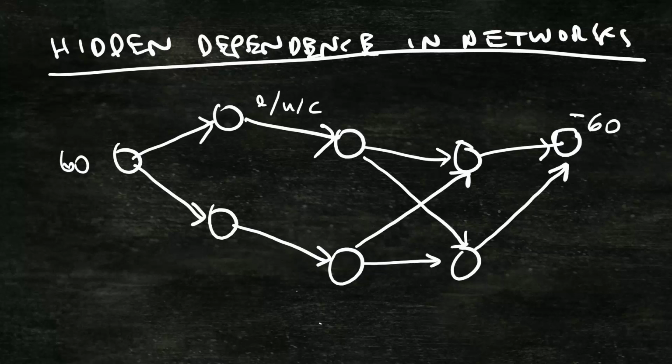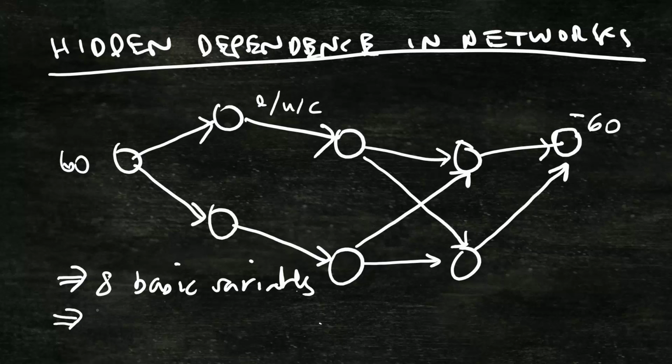So we would conclude from here that there would be 8 basic variables. And how many arcs are there? 1, 2, 3, 4, 5, 6, 7, 8, 9, 10. And that would imply 2 non-basic variables.